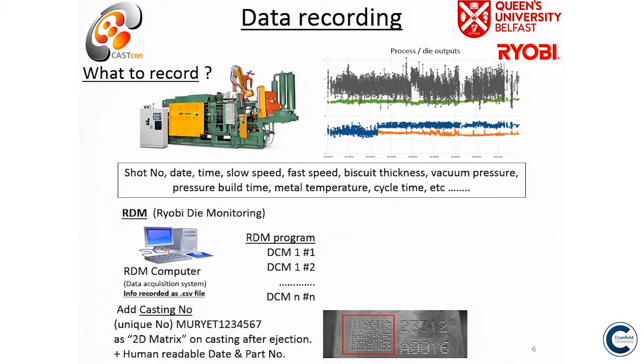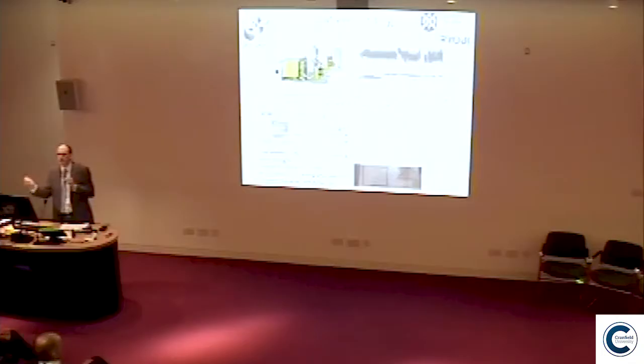So it records the casting process, and records the process parameters. It also assigns a unique number, which is then dot matrix marked on the casting. So then we can link that specific casting to the specific process parameters which were used to generate it.